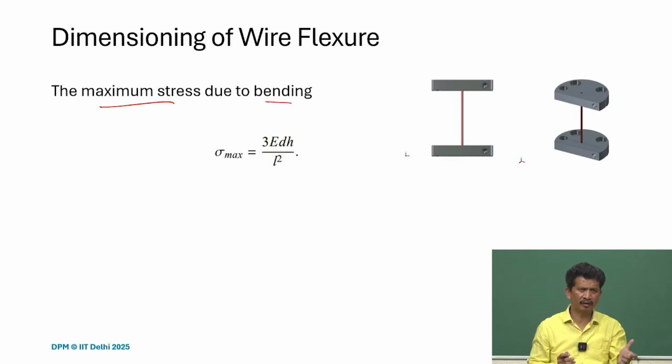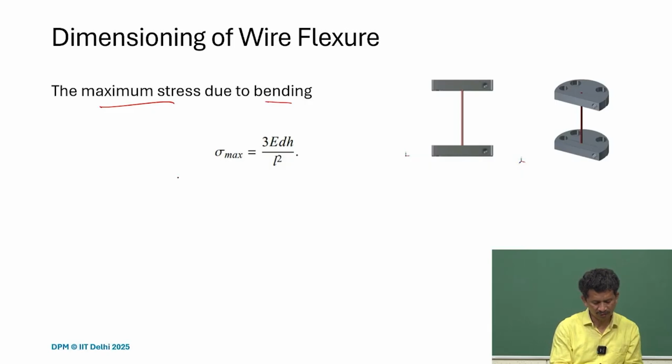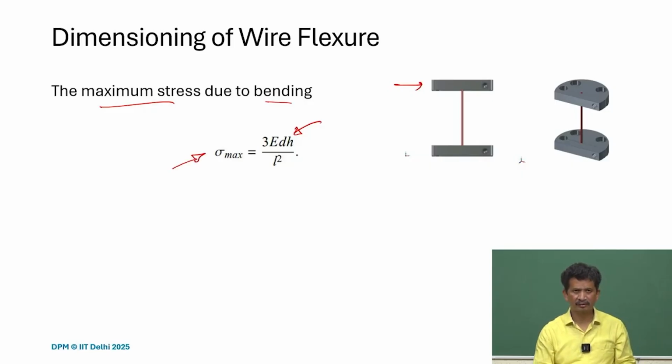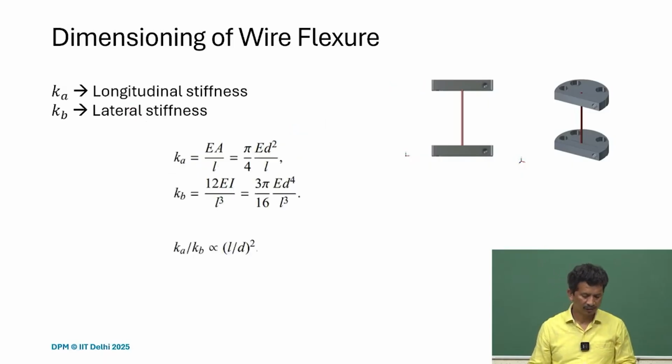So we have to allow for that if we don't want to destroy the wire flexures. So we will see the lateral deflection, H versus sigma. So maximum bending stress is also related, along with the stress versus strain relationship, and it's mainly because of the bending. So this is one criterion.